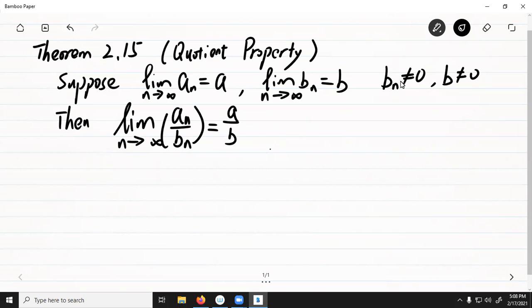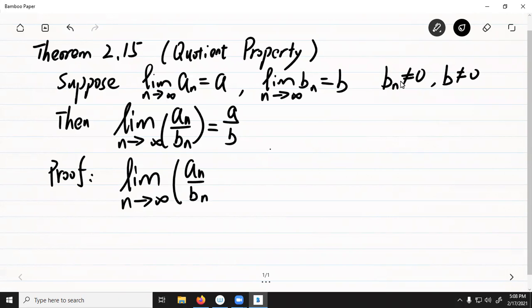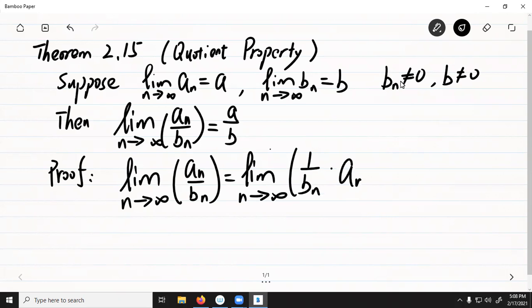So for the proof, we use the proposition which is 2.14. You can look at your notes. Okay, so we write this quotient as a product, 1 over b_n times a_n, or a_n times 1 over b_n, doesn't matter.